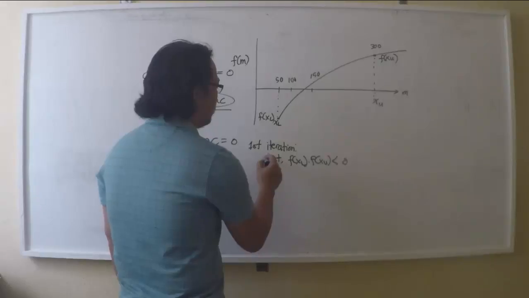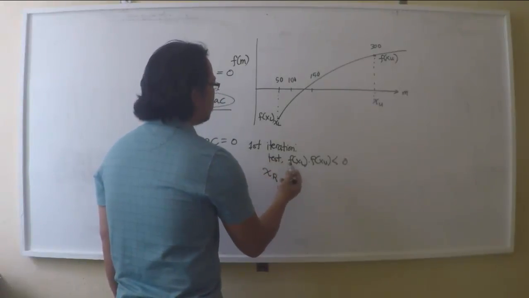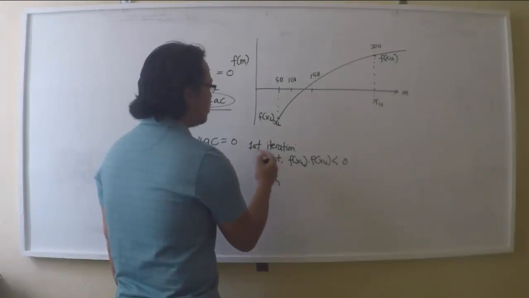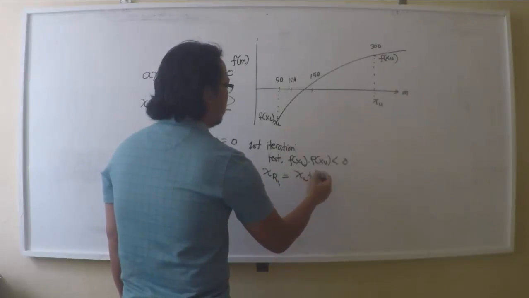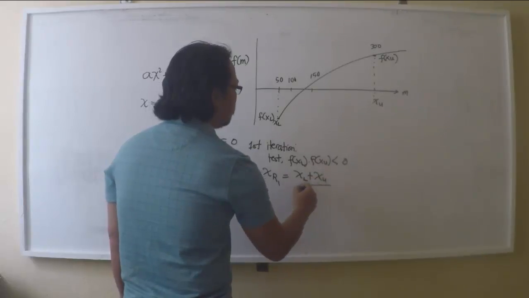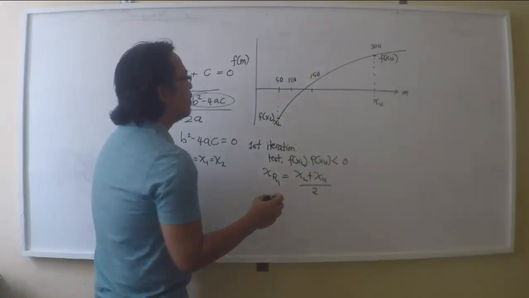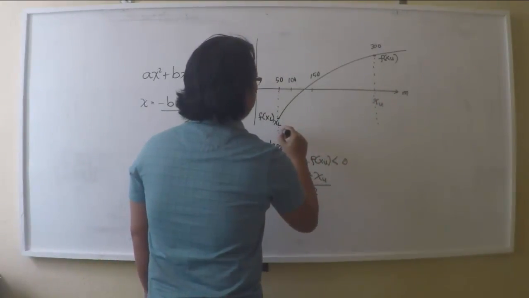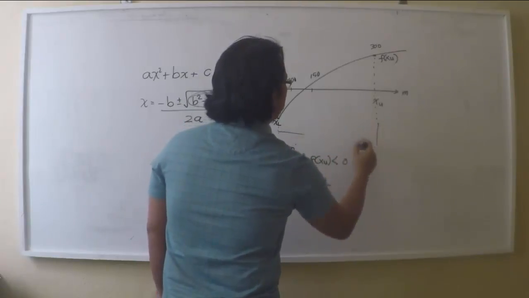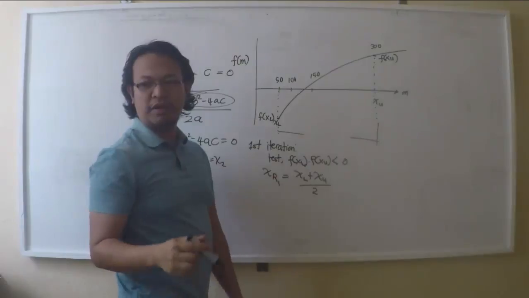Now, after here, you guess the root, xr, let's say xr1, because this is the first iteration. You will say it might be at the center, xl plus xu over 2. Based on the drawing, looking at the center, maybe somewhere here.